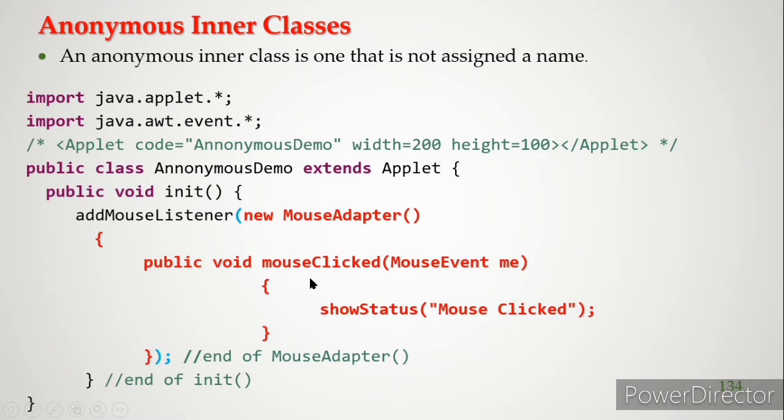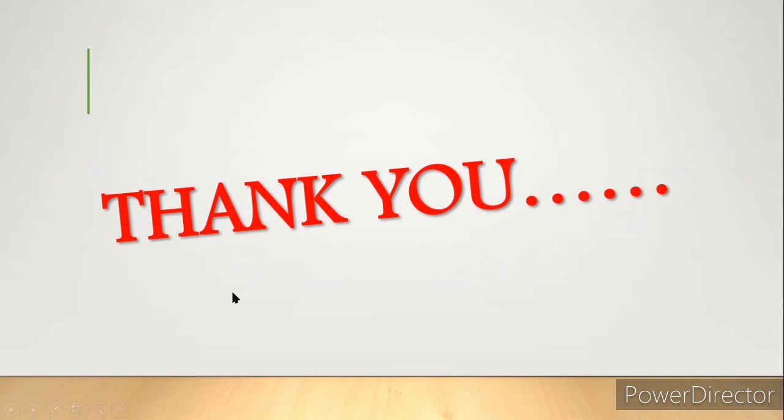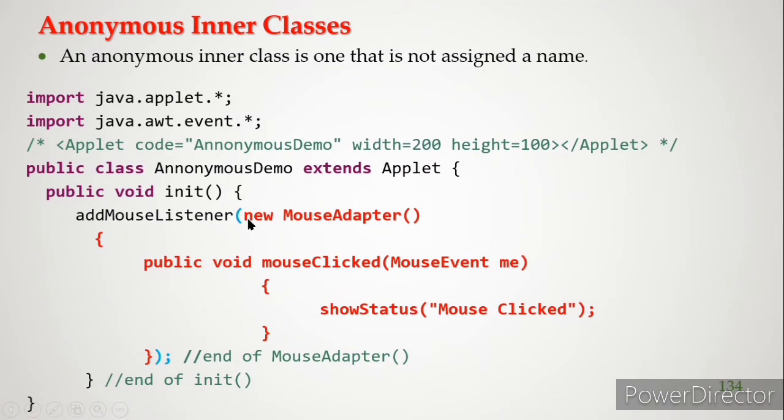This init method calls the addMouseListener method, and its argument is an expression which defines and instantiates the anonymous inner class. From this new to this bracket, whatever these red color lines are, we can call that an anonymous inner class, that we are writing within an expression which is in blue color.